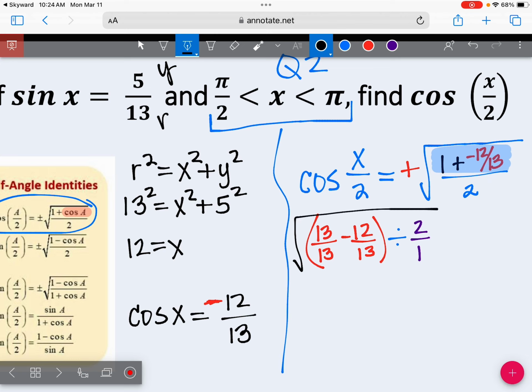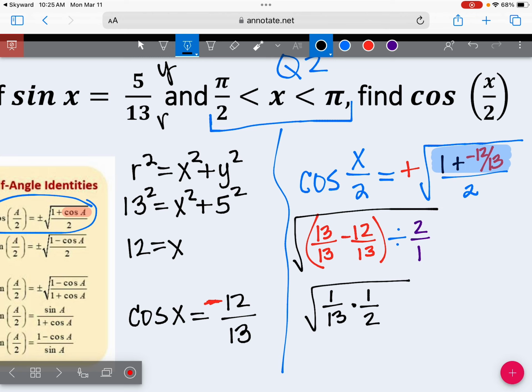And this is all under a square root. So what I did here was, this is my numerator, and I'm dividing it by 2, because a fraction is division. So 2 over 1. So what that's going to give me is 1 over 13.